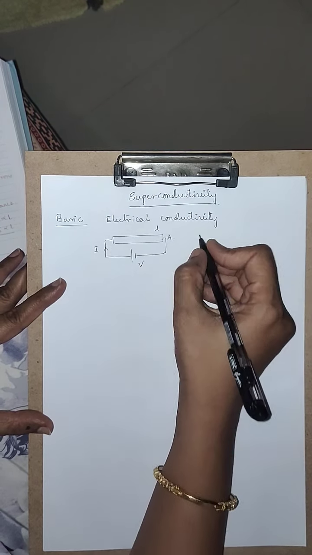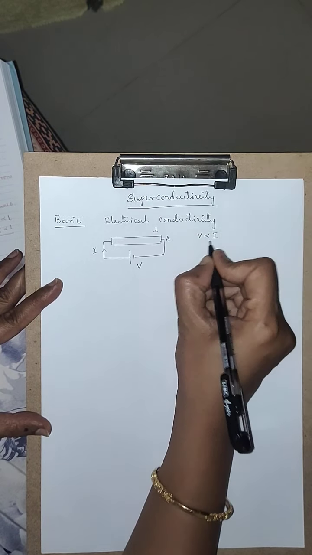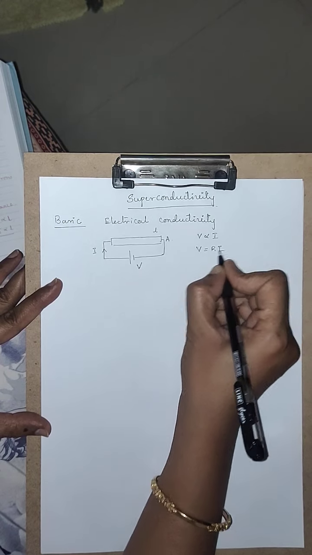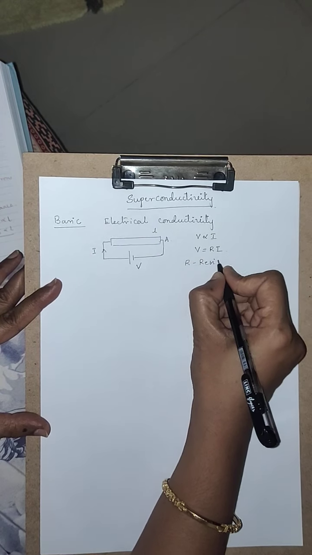And by Ohm's law, we know that V is directly proportional to I, or V equals R into I, where R is known as the resistance.